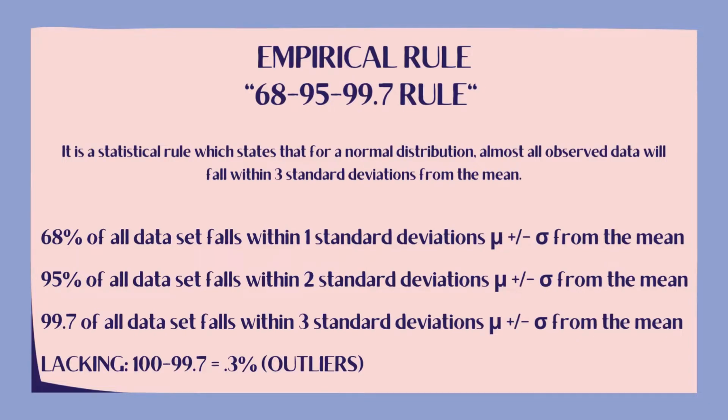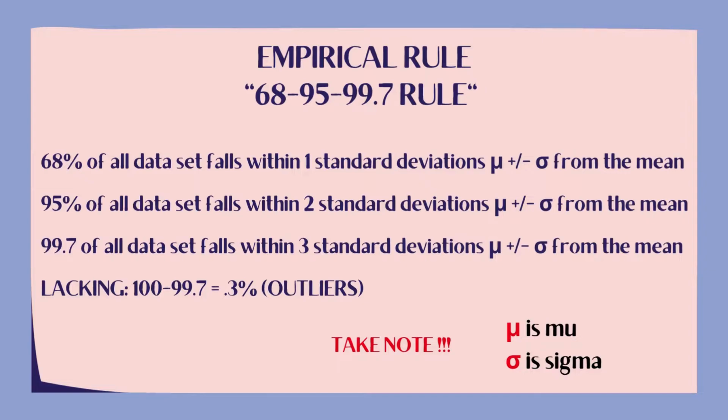It is a statistical rule which states that for a normal distribution, almost all observed data will fall within 3 standard deviations from the mean, which means 68% of all datasets fall within 1 standard deviation, mu plus or minus 1 sigma from the mean. 95% of all datasets fall within 2 standard deviations, mu plus or minus 2 sigma from the mean. And 99.7% of all datasets fall within 3 standard deviations, mu plus or minus 3 sigma from the mean.